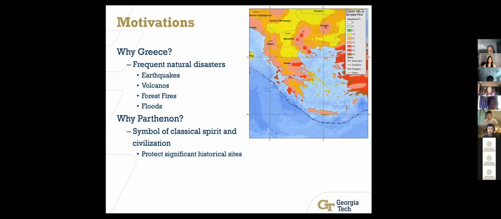Earthquakes are one of the most common phenomena. So why did we choose the Parthenon as our object? Because the Parthenon is a symbol of classical spirit and civilization. We should protect those structures because it's important for our history.